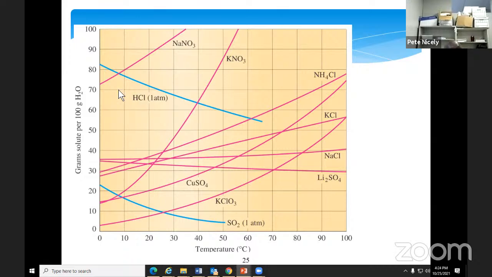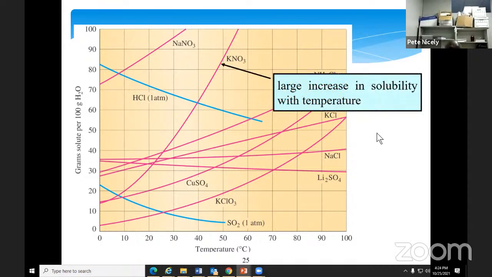And what you'll find is that as the temperature increases, the solubility of those gases decreases, all right? So as you can see, in the case of gases, the trend is opposite to what is generally true for solids. As you increase the temperature, the solubility of the gas will decrease, and that is not true when it comes to solids. Solids generally increase in solubility when the temperature increases.